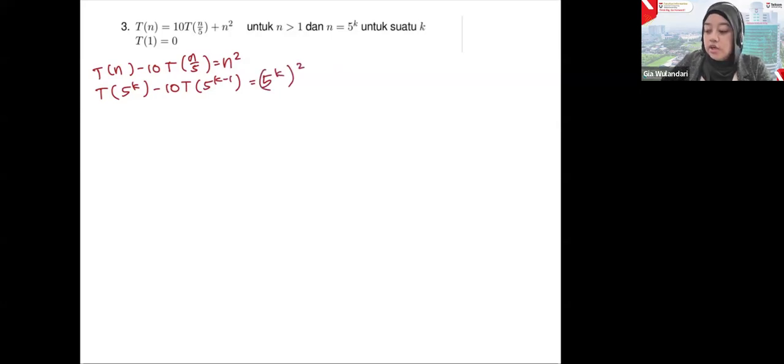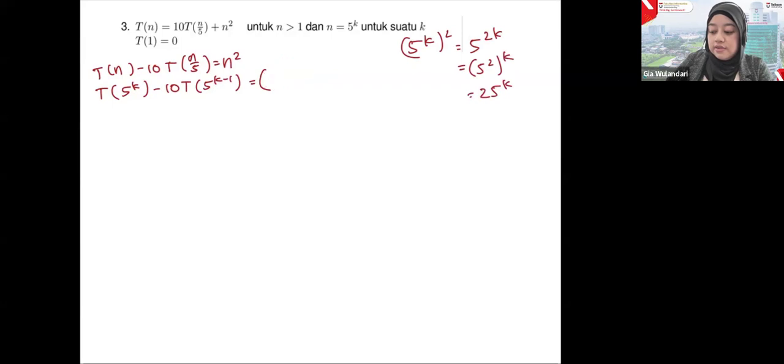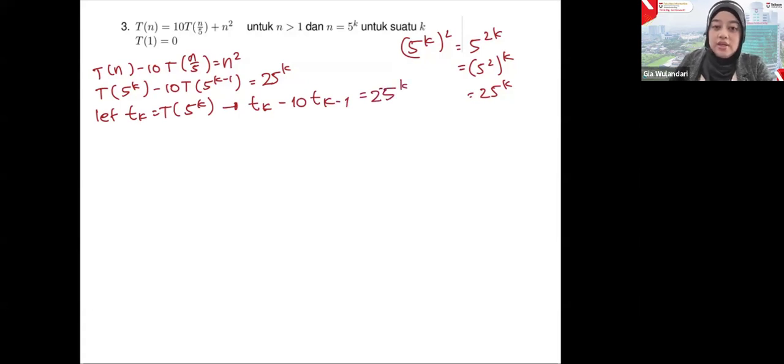Or we can also write 5k over 2 as 5 2k, or we can write it as 5 square k, which is 25 2k. So if we write tk as t 5 2k, then we will have tk minus 10 tk minus 1 equals to 25 2k.